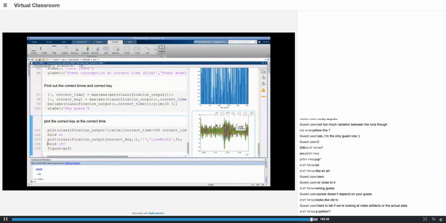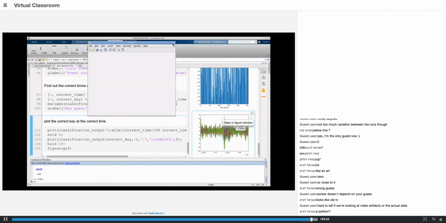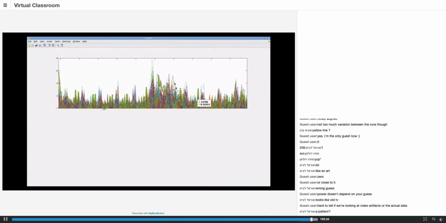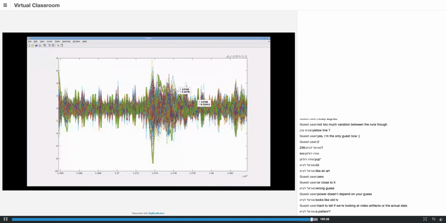So what you see here is a graph like the graph I showed you from Glass. I found out the correct key, and I'm drawing it in this ugly green. And all of the other lines are incorrect keys. What you see here is the difference of means for all of these key guesses. And now I can just pan this a little if you want.